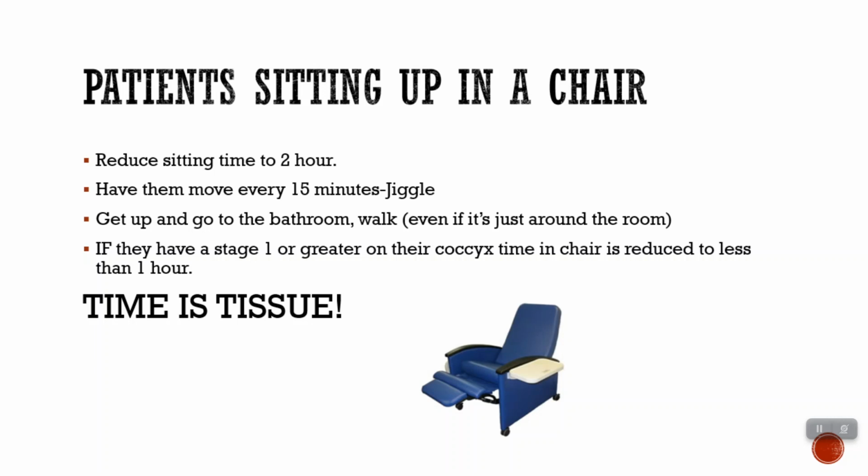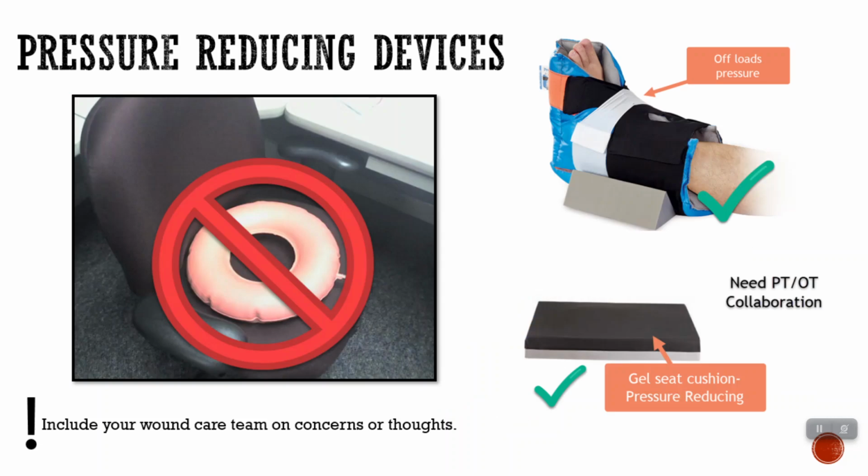We need to be proactive in preventative measures, but once we've identified a pressure wound, we do then need to consult with our provider, and we need to consult with the wound care team to come up with further interventions. When we're thinking about further reducing pressure, we need to be very careful about pressure reducing devices. Donuts are not advised.